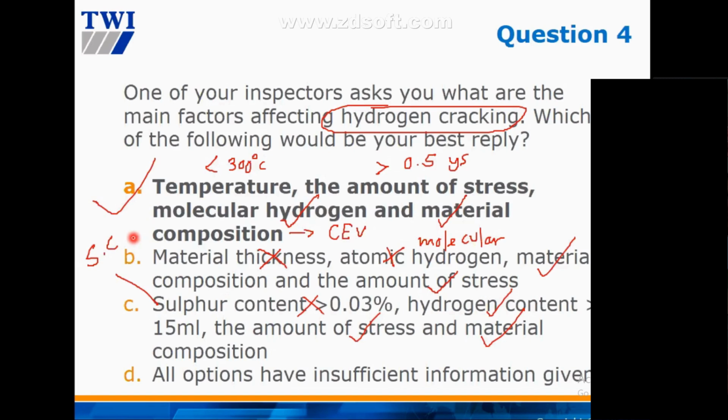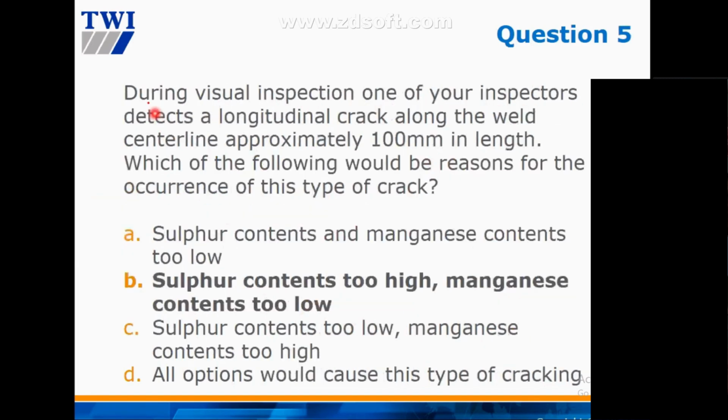Okay, number 4. Number 5, during visual inspection, one of the inspectors detects a longitudinal crack along the weld center line, approximately 100 mm. Which are the four reasons for the occurrence of the crack? They only give us two elements here, which are sulfur and manganese. Remember yesterday I talked about manganese.